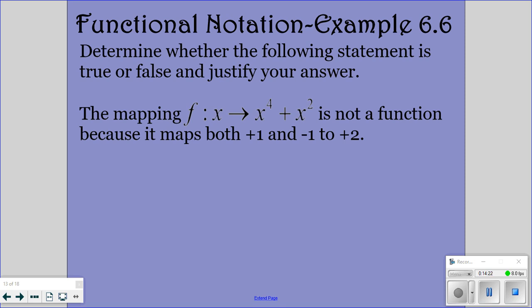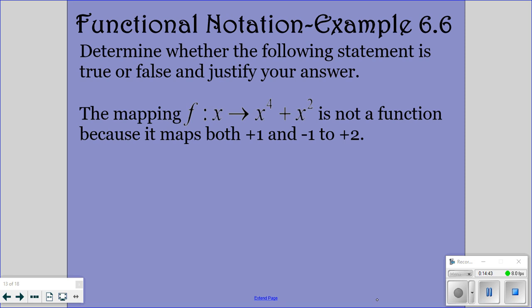So it says that the function x to the 4th plus x squared is not a function because when we plug in 1 and -1, we get 2. So is that true or false? Feel free to pause the video if you need to think about it for a minute longer. I'm about to tell y'all the answer.